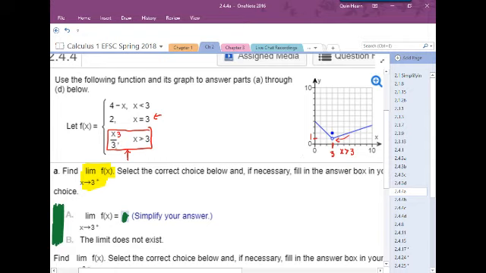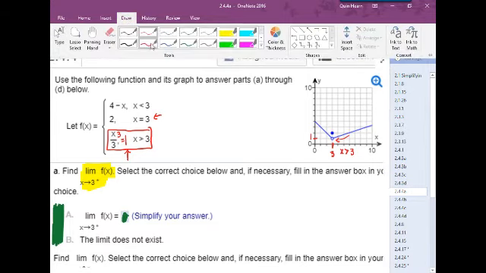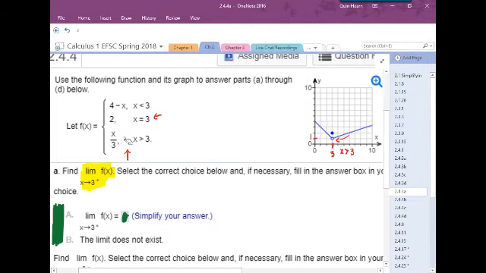We would have had a point there equal to 1, but our function is piecewise defined and tells us that the moment we get to 3, y is equal to 2. Okay. So anyway, coming in from the right, we're headed towards 1, no matter how you look at it. So the limit as x approaches 3 from the right is 1.